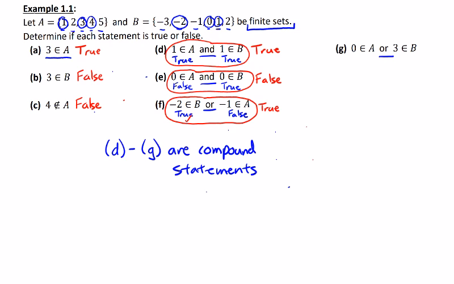If we take a look at 0 being an element of A, that is false, and 3 being an element of B, that is also going to be false. So here we have both statements false, and since neither one of them are true, that means that the overall compound statement is also going to be false.